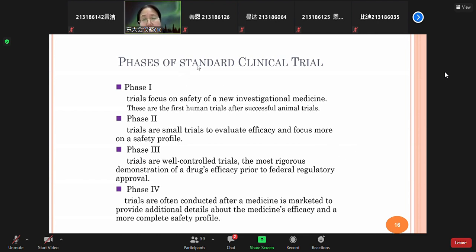Okay, here I use "standard" because clinical trials are required by governmental policy or governmental regulation.